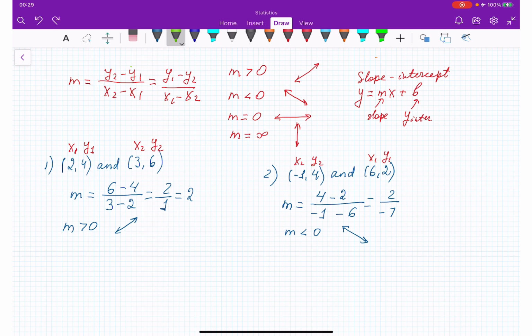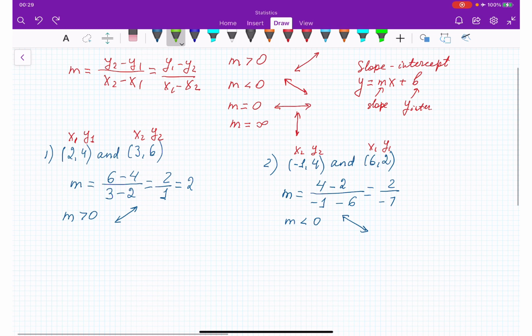Second term, if you have y1, then x also has to be x1. The index you have to keep the same. If I start with y1, in the denominator I also start with x1. Here I subtracted y2, in the denominator also x2. That's what is important. Otherwise, whether you do y2 minus y1 or y1 minus y2, you will get the same answer. Just keep the index. I hope I made myself clear.